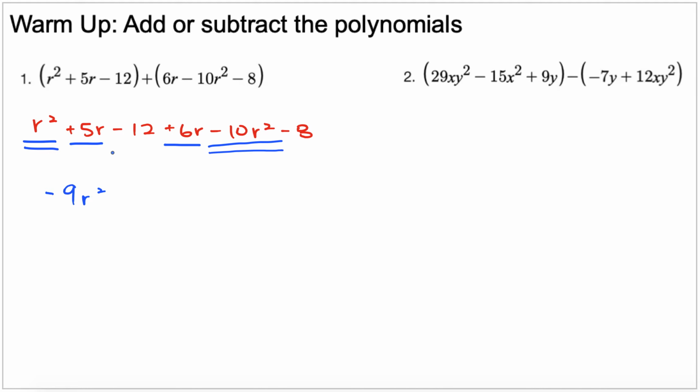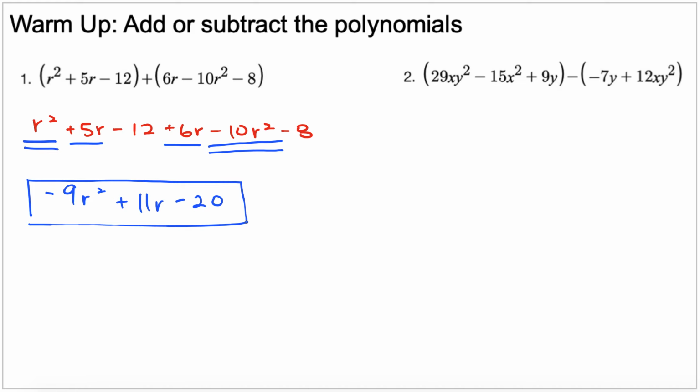And then I'm going to go to my one underline, which is 5r here, plus 6r here, which is going to give me 11r's. And then my final terms with no underlines at all, I have negative 12 minus 8, which is going to give me negative 20. So this is going to be my final answer for number 1.